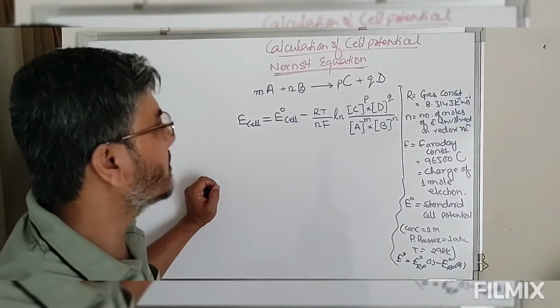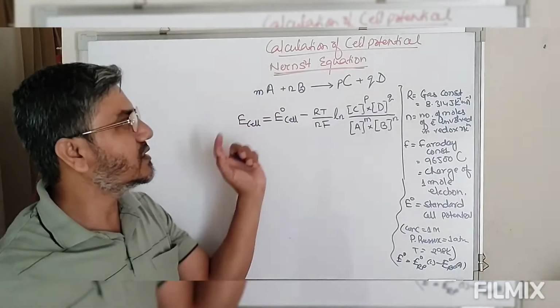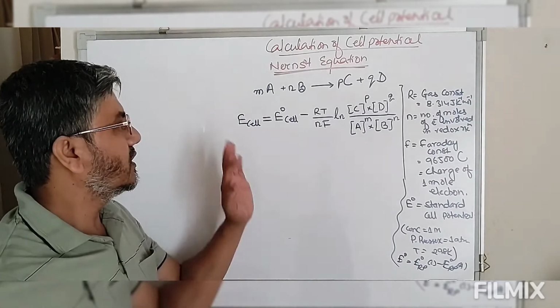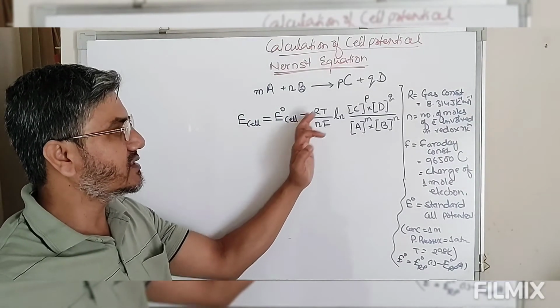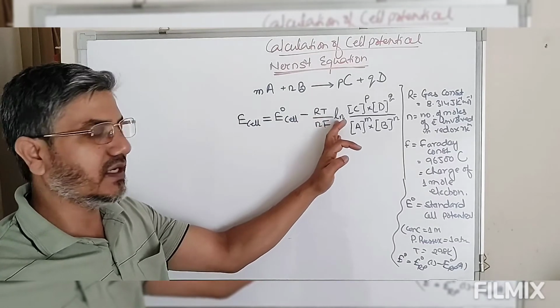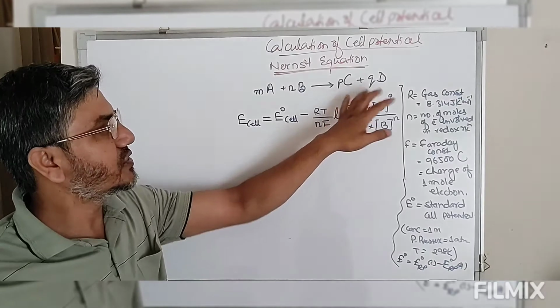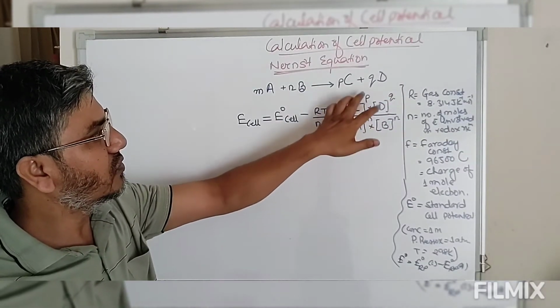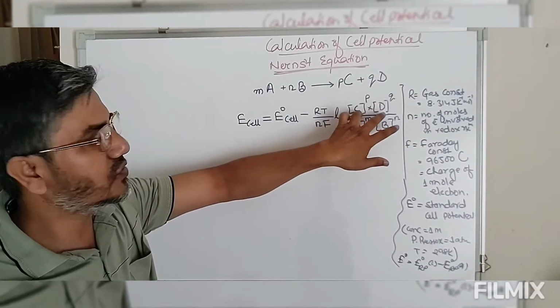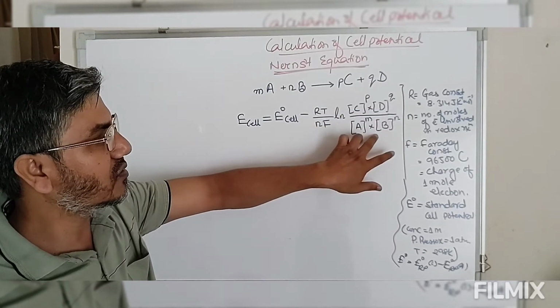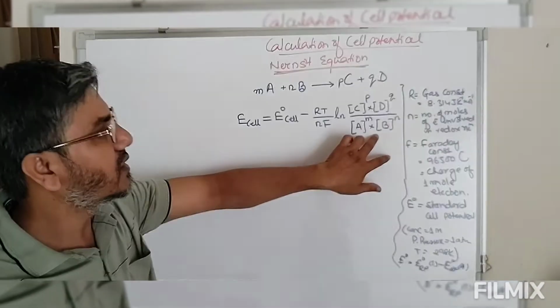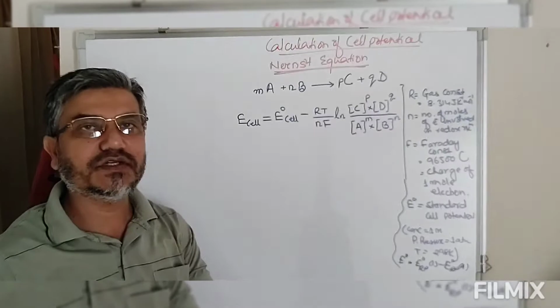One thing to keep in mind while writing the Nernst equation: E cell is E naught minus RT by NF ln, where ln is the natural logarithm, of the concentration of the products raised to their stoichiometric coefficients divided by the product of concentrations of reactants raised to their stoichiometric coefficients.